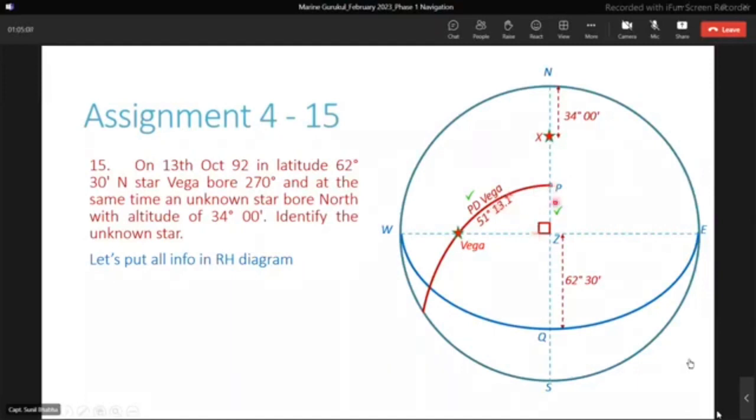So I will apply Napier's rule in this triangle, and what I'm going to find out is this angle P. Let me show that with the arrow in the diagram. This angle P is what I'm going to find out. So using Napier's rule, using the two known parts, I'm going to find out this angle P. Now this angle P is basically the LHA of star Vega.